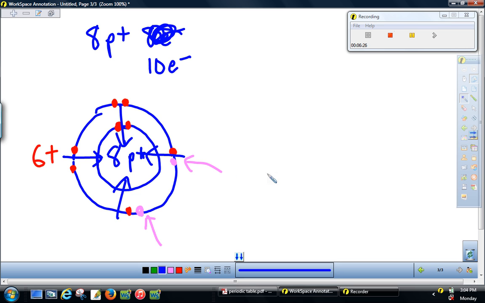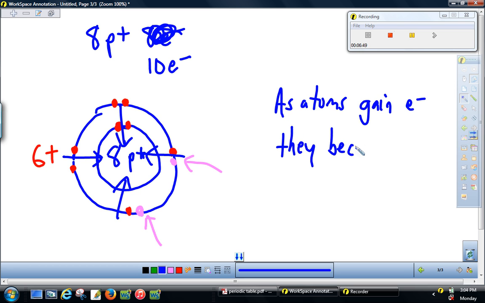And so as atoms steal electrons, they become larger. Negative ions, atoms that have stolen electrons, become larger. That's because the protons in the nucleus are having a harder time finding and pulling in all those valence electrons. There are more valence electrons now, so the nucleus is less effective at pulling them in.